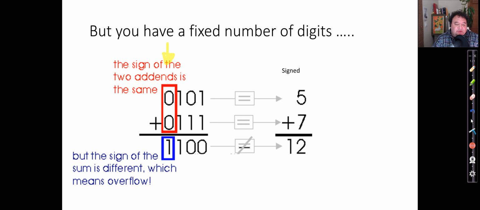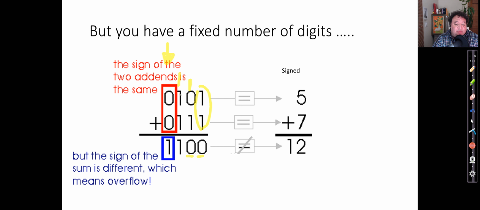So 0 will mean that the number is positive, and 1 that the number is negative. Now if we do the traditional addition, here what we have is 1 plus 1 is 0 and we carry over 1, so here we carry 1. 1 plus 0 plus 1 is 1, 0, and we carry over 1 again.